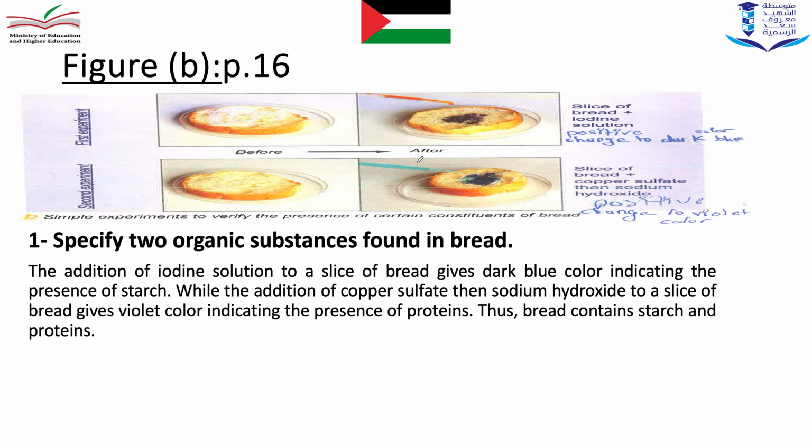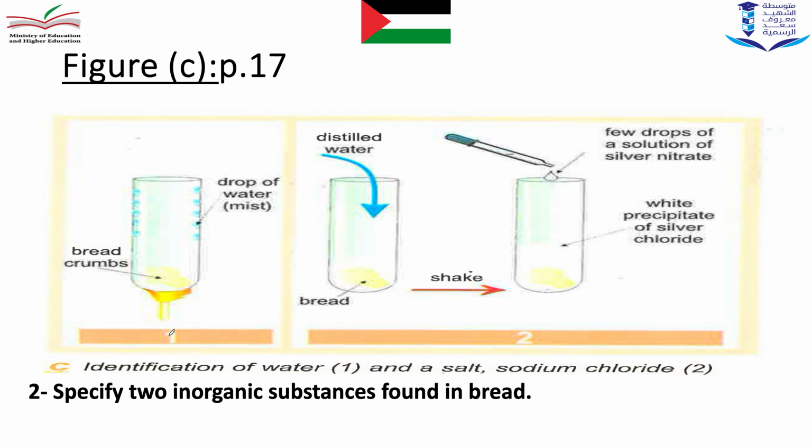And the addition of copper sulfate then sodium hydroxide to a slice of bread gives violet color, indicating the presence of proteins. Thus, what does bread contain? It contains starch and proteins, and some say it contains carbohydrate, which is starch, and proteins too. Correct.